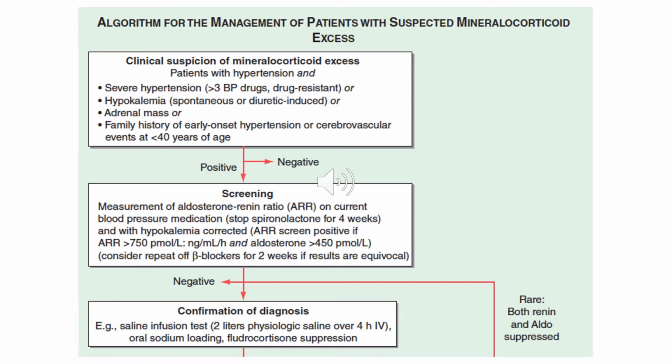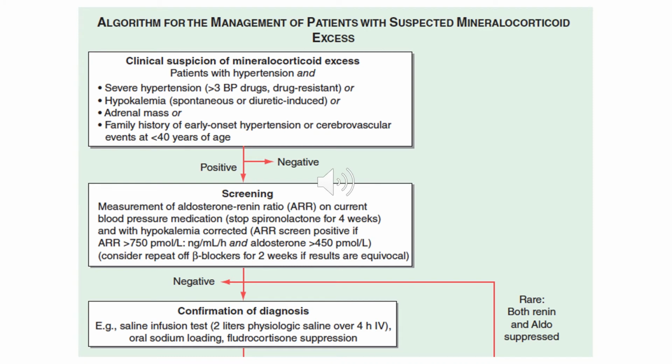An ARR of more than 750 with aldosterone levels of more than 450 picomoles per liter usually indicates MR excess, and this needs to undergo confirmatory testing. The most straightforward is the saline infusion test, which involves the IV administration of 2 liters of normal saline over a 4-hour period, and failure of aldosterone to suppress to less than 140 picomoles per liter is indicative of autonomous MR excess.